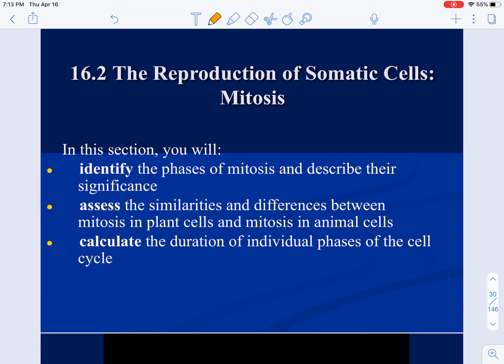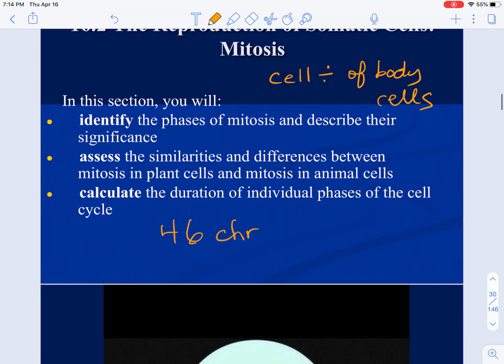Hi, Bio30, 16.2 today. Mitosis is the topic, and this is cell division of body cells. And we know that all body cells have 46 chromosomes.